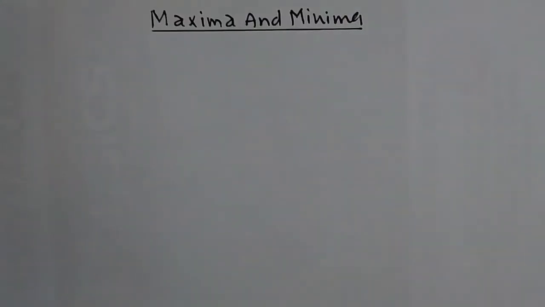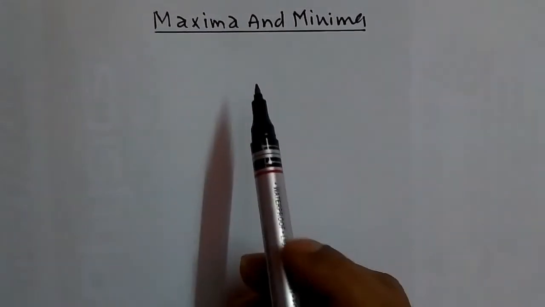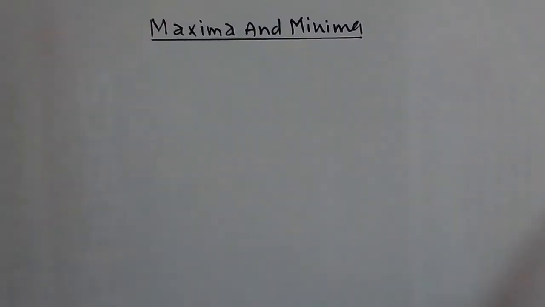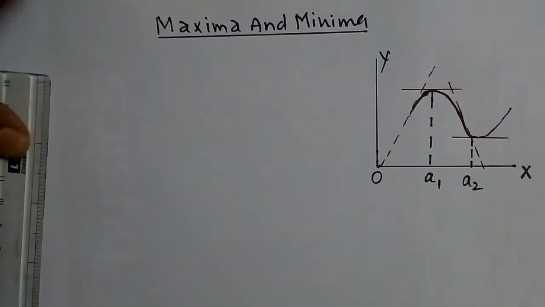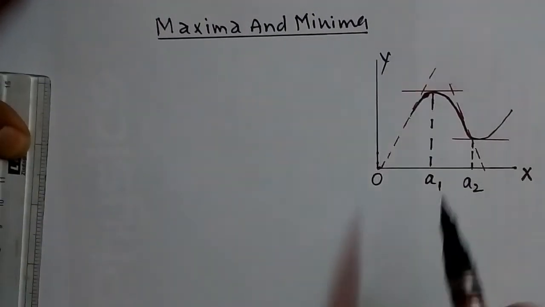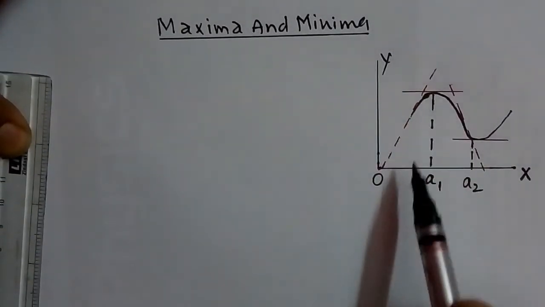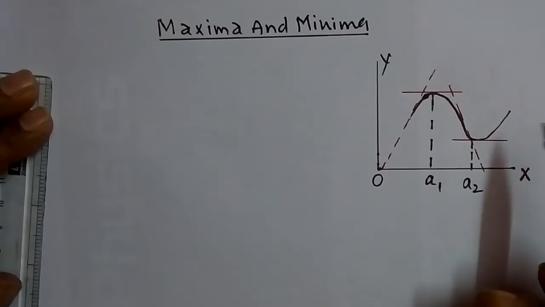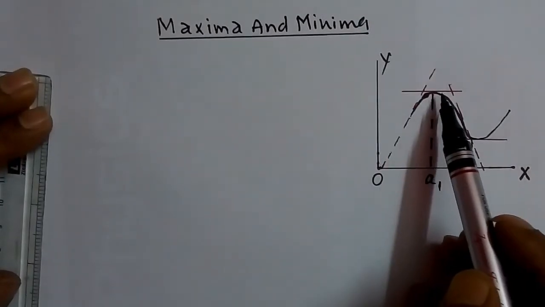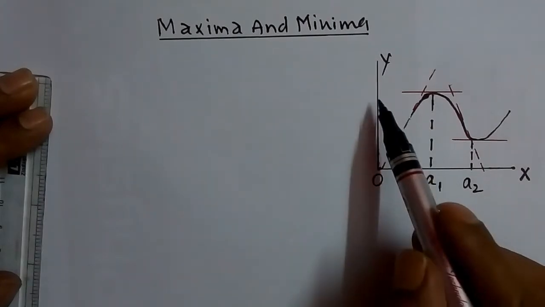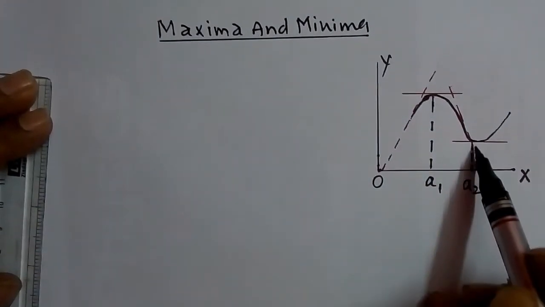Now students, our next topic in differential calculus is maxima and minima. Suppose a physical quantity y depends upon x as shown in the graph. Say y reaches a maximum value at a1 and similarly y reaches a minimum value at the point a2.